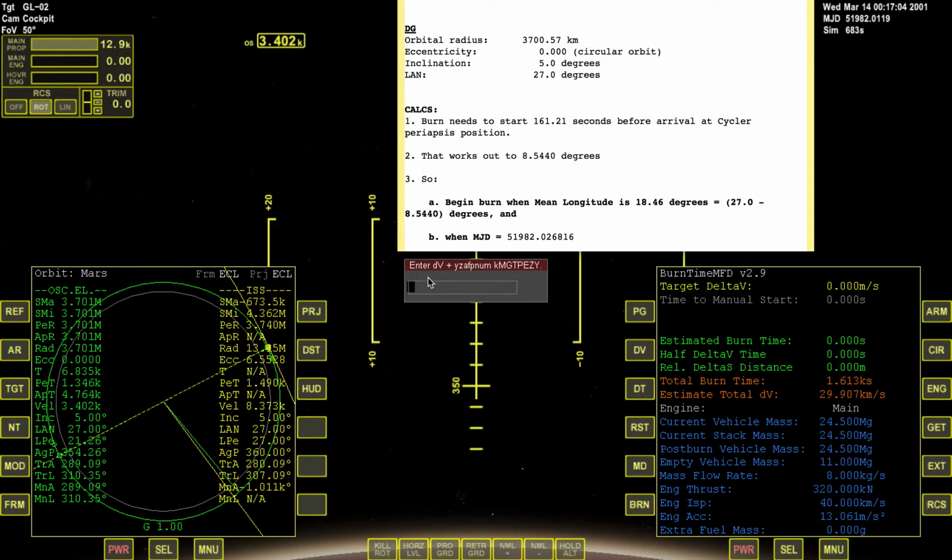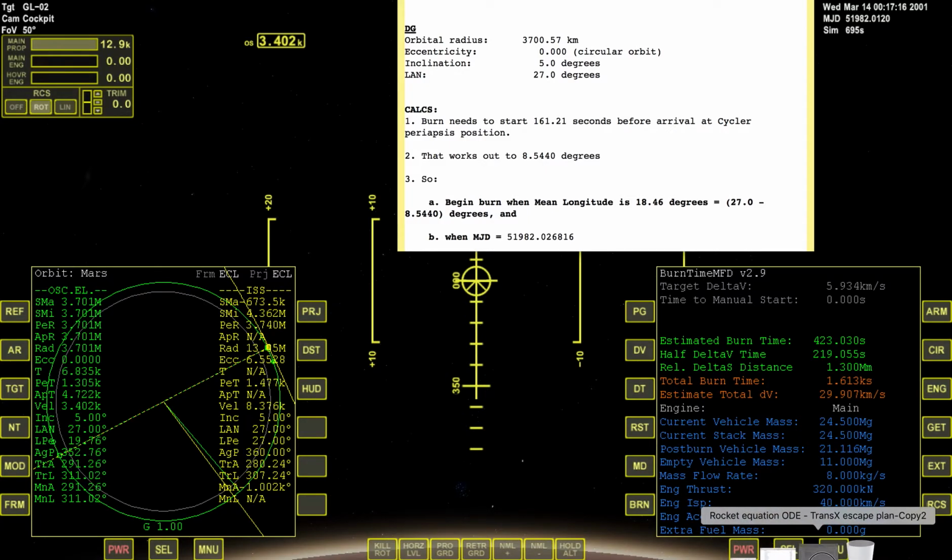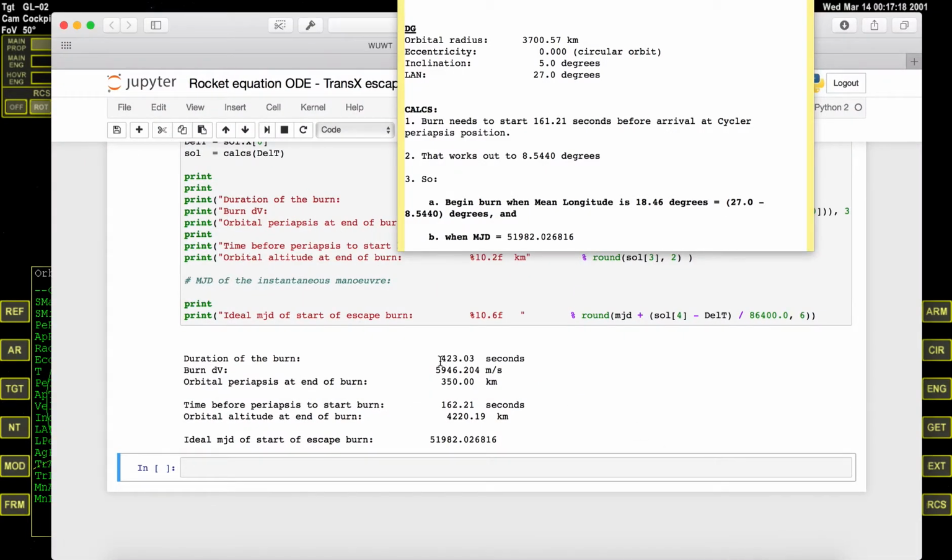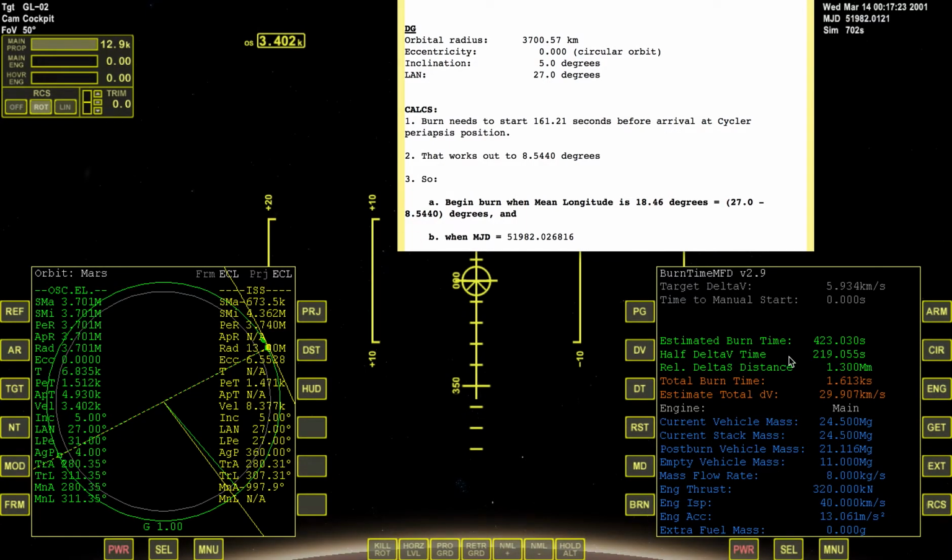I'm going to go for 5934.4. Yeah, 423.03 seconds. How does that tally with our target? Well, it's the same, 423.03 seconds. So Burn Time MFD is now set up so that the estimated burn time matches the planned number coming out of the Python workbook.